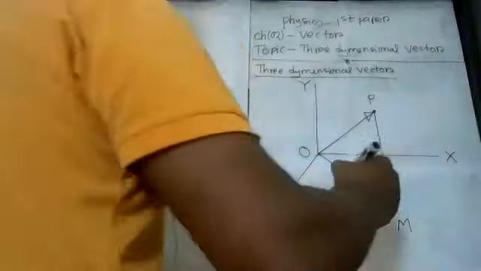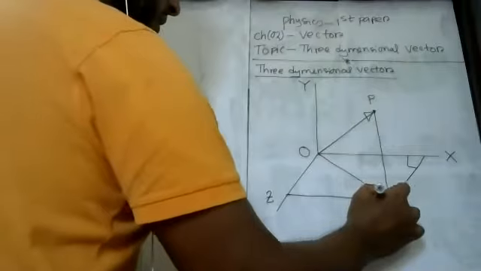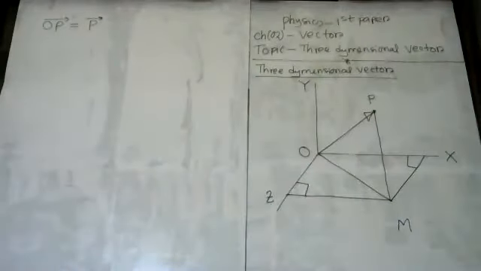Suppose the first vertical line is on the x-axis, this is the x-axis, and then another vertical line is on the z-axis, so this is the z-axis. My dear student, this is the z-axis.